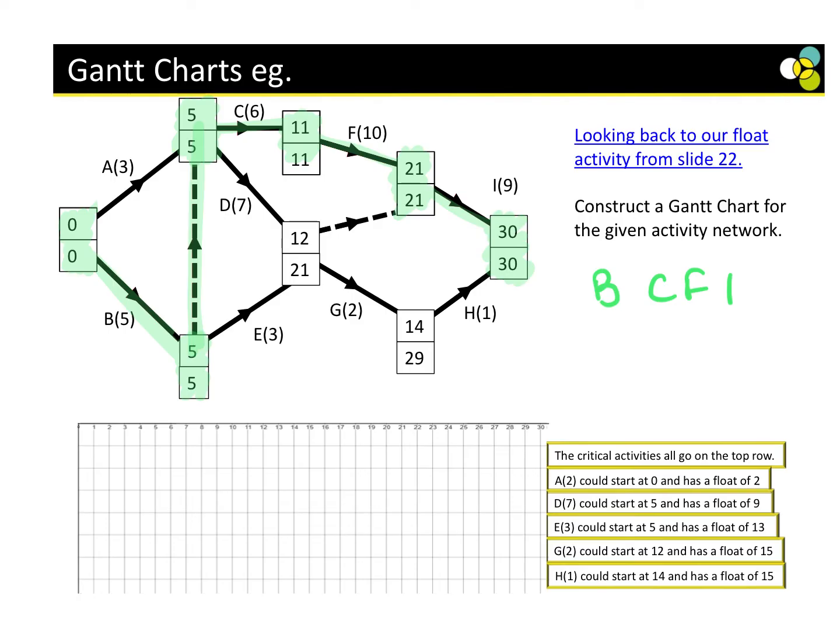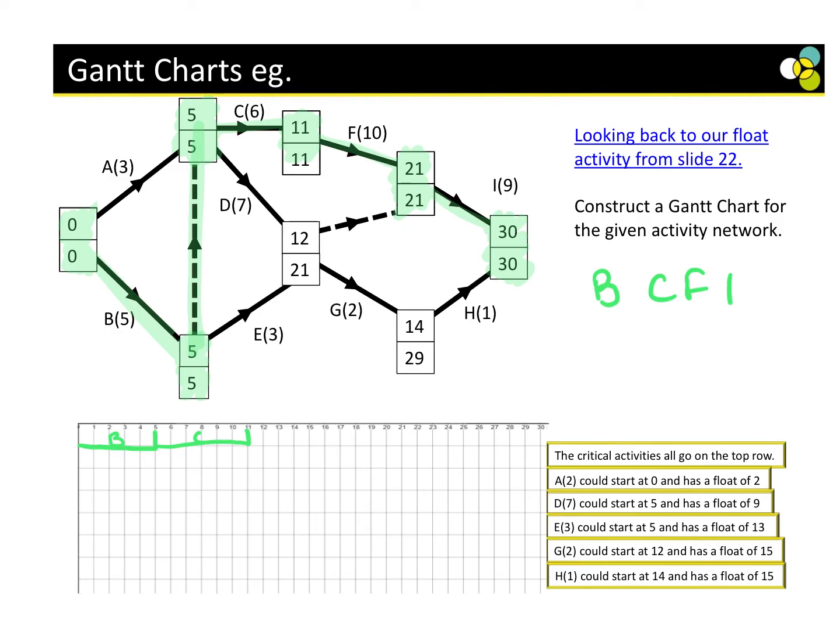Perfect. So now when we draw this, we know critical activities always go on the top row, because it's our critical path. So 0 to 5 is B. Are we all happy with that? Yeah? 5 to 11 is C. How am I getting these numbers?